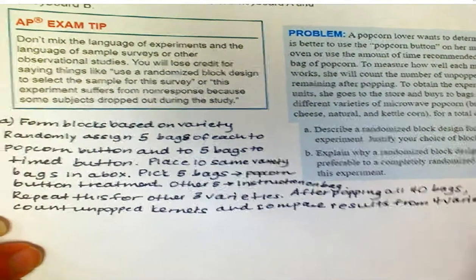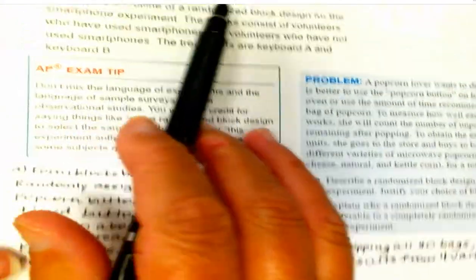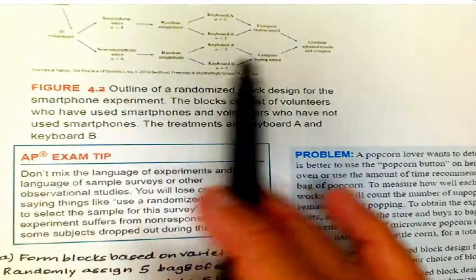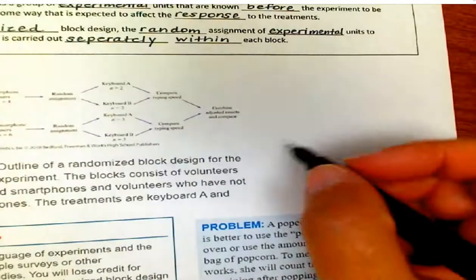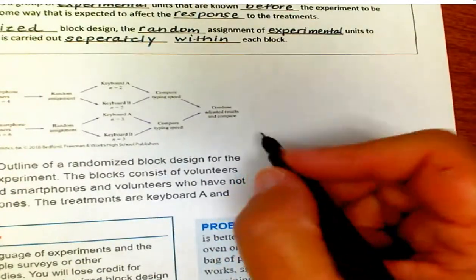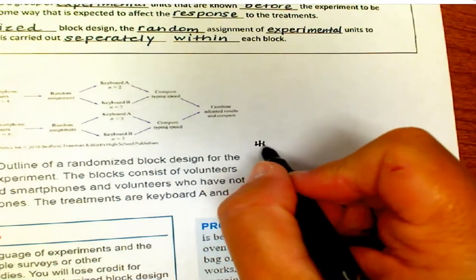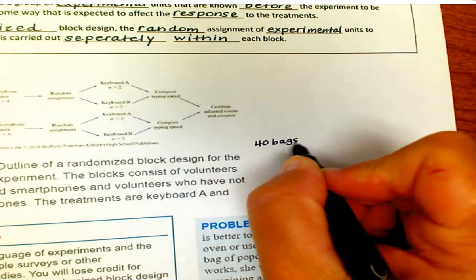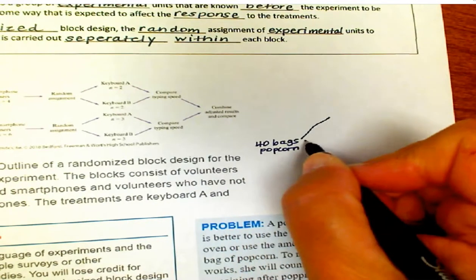Okay. So, one thing I was going to say is you can write this out in paragraph form. Another way you could express this is to actually make a chart like this. I kind of like the chart. You would start off with your 40 bags of popcorn, and then your 4 groups.